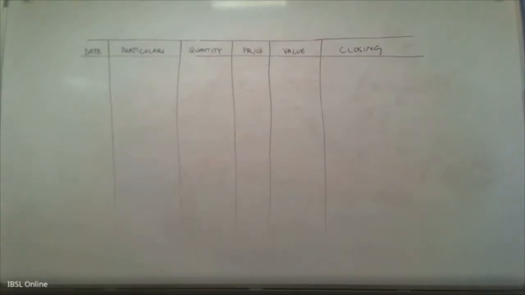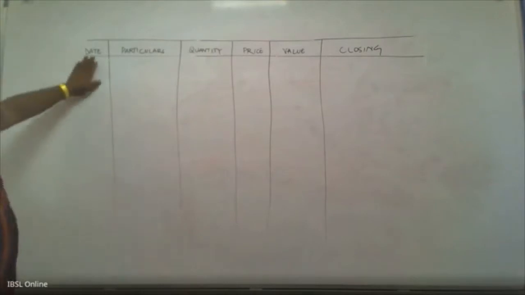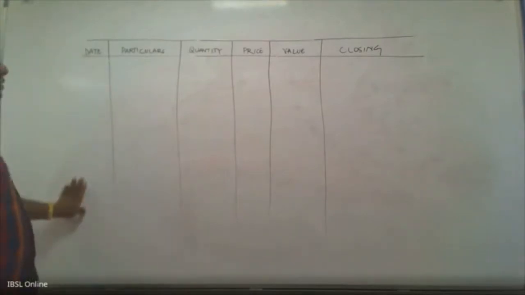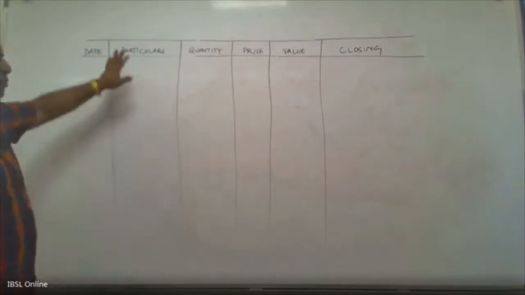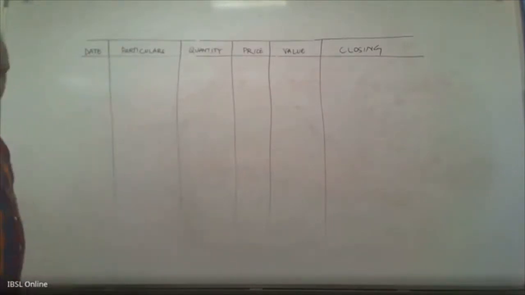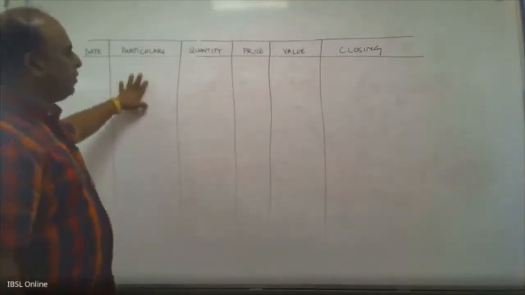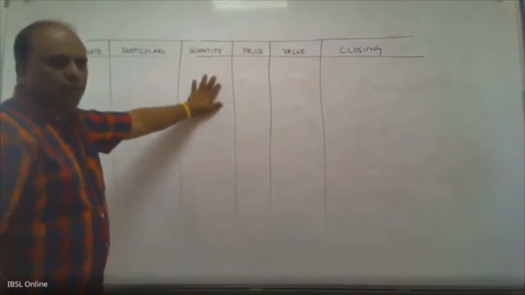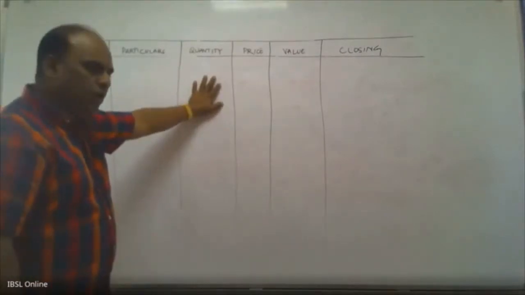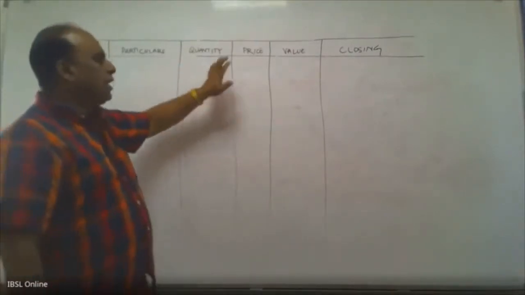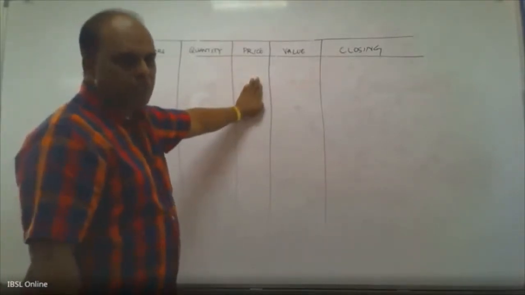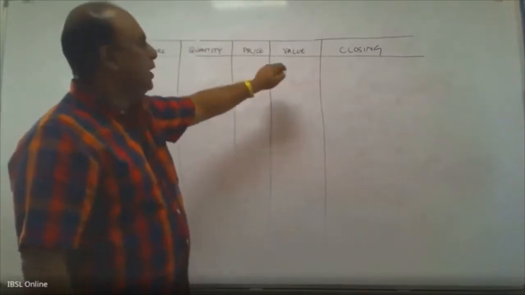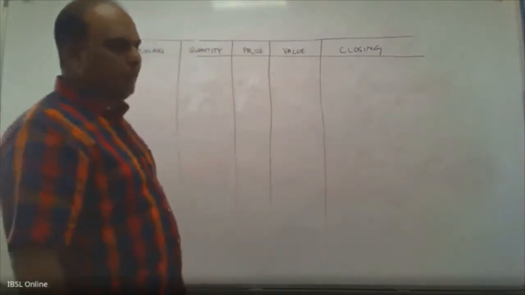So in this question, you have the date of the transactions, you have particulars, that is, you might have purchased or you might have issued. Then every time, what is the quantity that you have either issued or purchased? What is the price that you have used for each purchase or issue? Then the value.